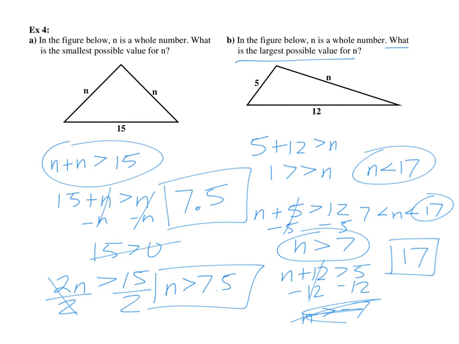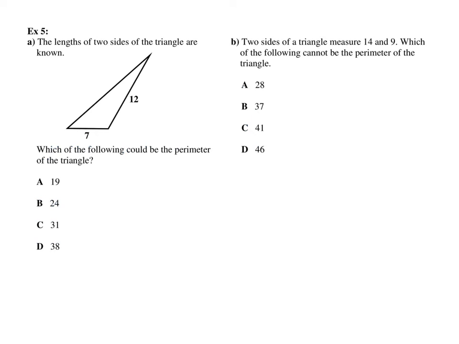All right. Done. Let's do a couple more examples. Example 5, the lengths of two sides of a triangle are known. Which of the following could be the perimeter of the triangle? Okay. Well, let's first figure out what the possible lengths for the third side can be. So I'm going to call this x. So I'm going to have 7 plus 12 is greater than x. I have 7 plus x is greater than 12.